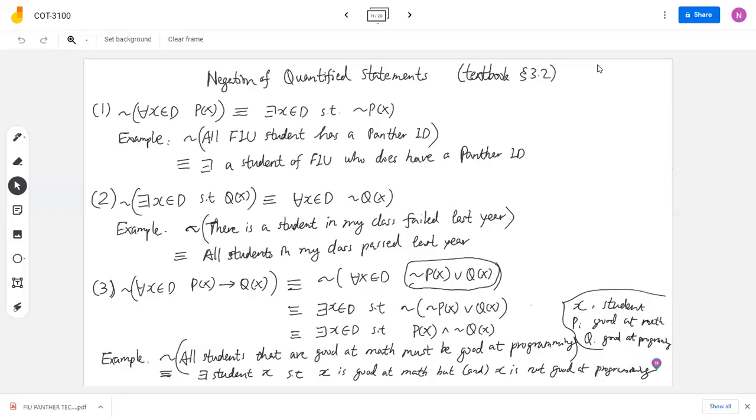Which is exactly there exists x in D such that P(x) and not Q(x). P(x) is good at math and not Q(x) is not good at programming.